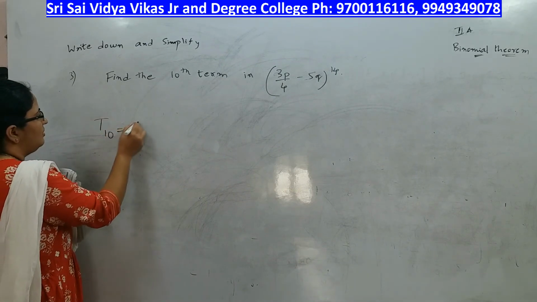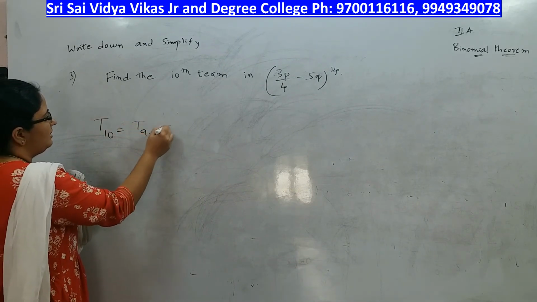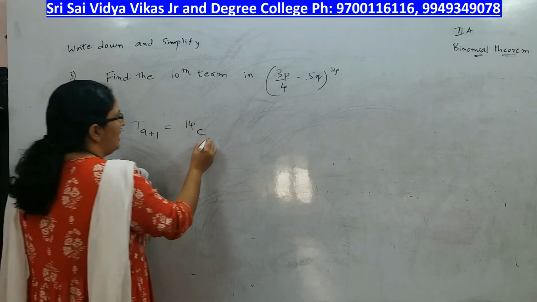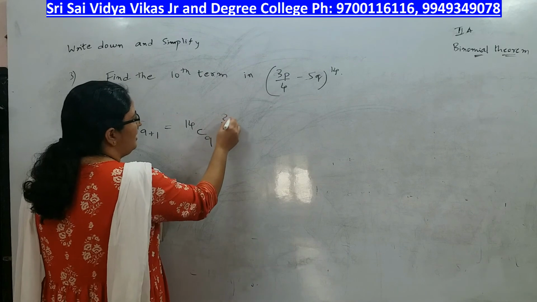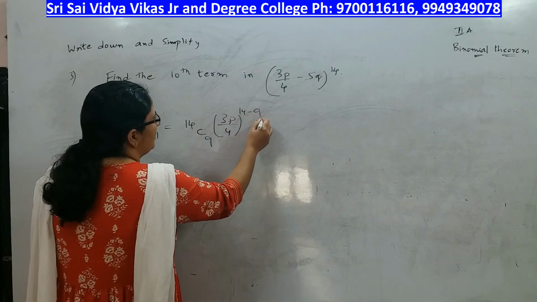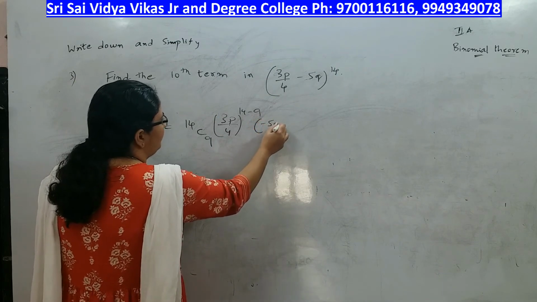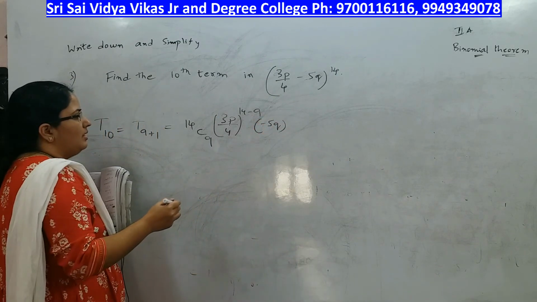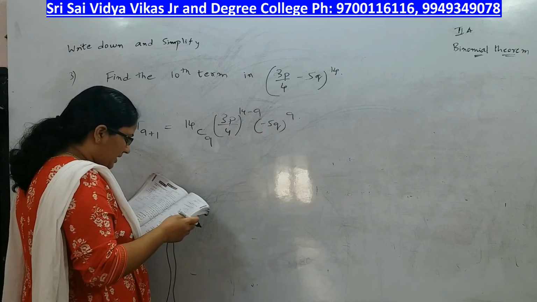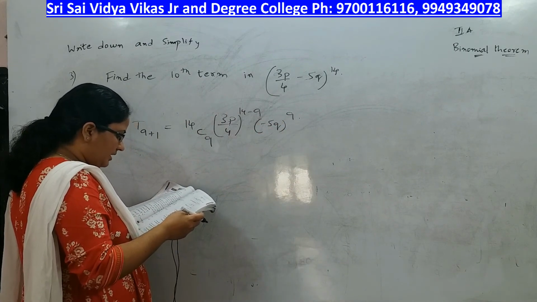T10 is equal to T(9+1), 14C9, (3p/4) whole power 14 minus 9, (minus 5q) whole power 9. This minus will come in (minus 5q) whole power 9.